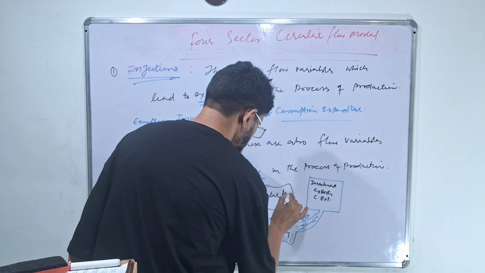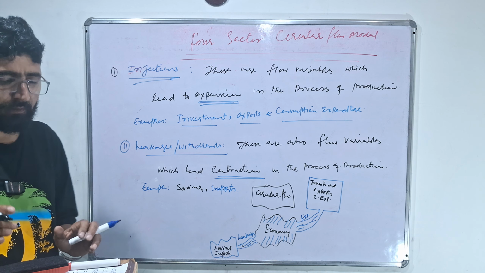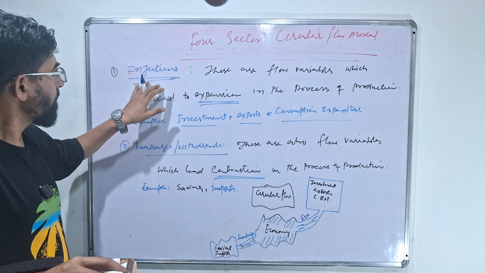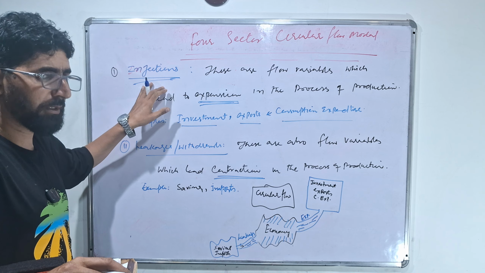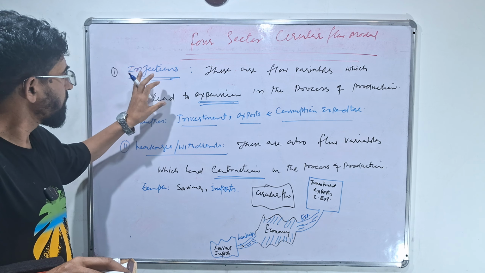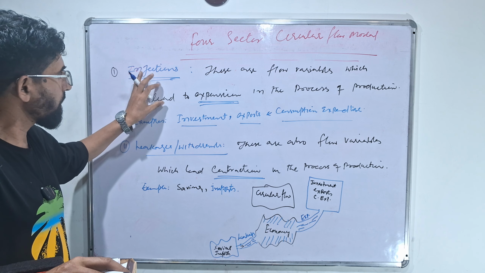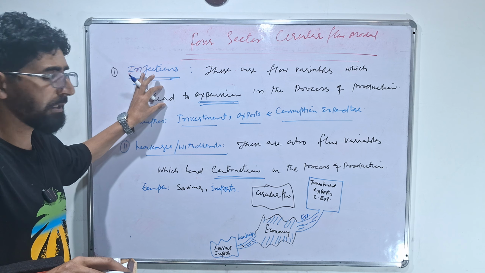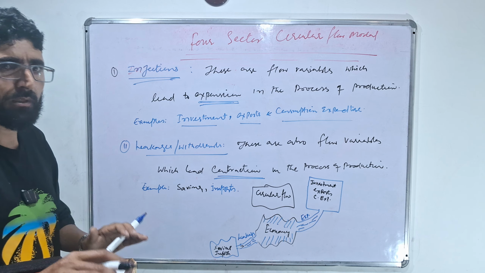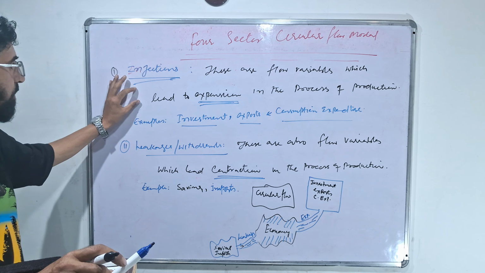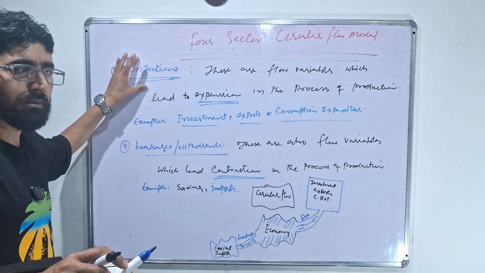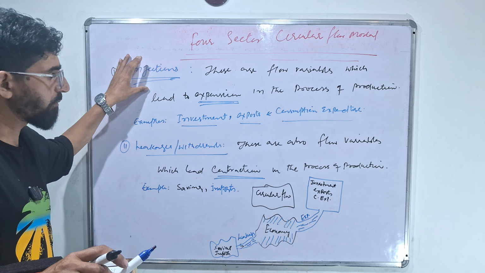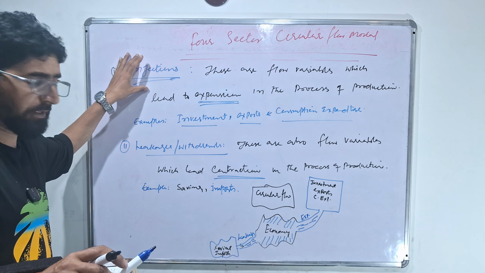So what are the injections or withdrawals of an economy? Probably in previous year papers, as per analysis, they put the question: what are the injections and withdrawals of an economy, or injection or withdrawal in a circular flow? Sometimes you get confused, but keep in mind that injection means those variables which lead to expansion in the economy, be it the process of production or services.